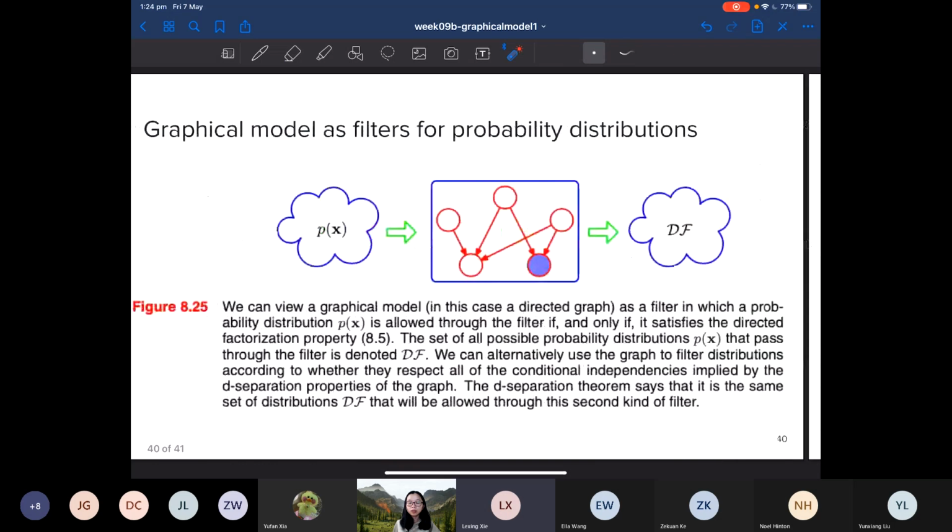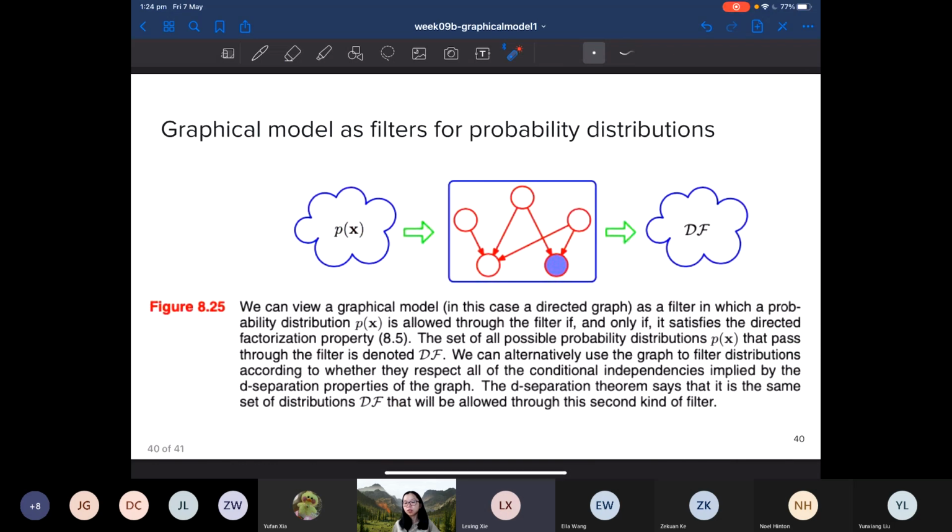This is just to reiterate that a graphical model expresses a subset of joint distributions satisfying conditional independence criteria. It can also be written out in a particular factorization form.